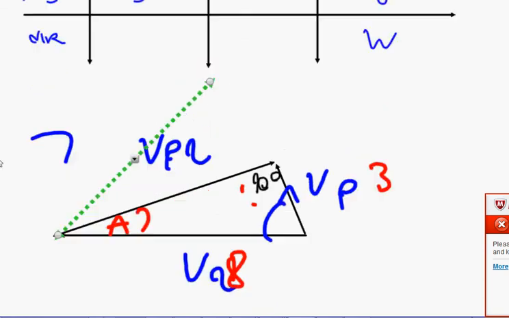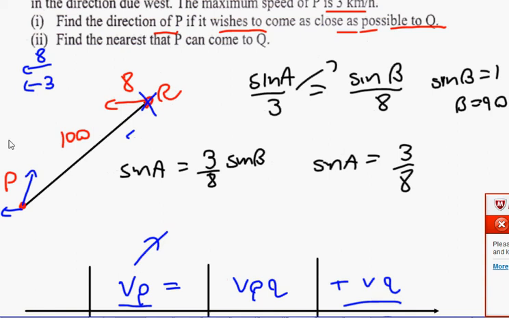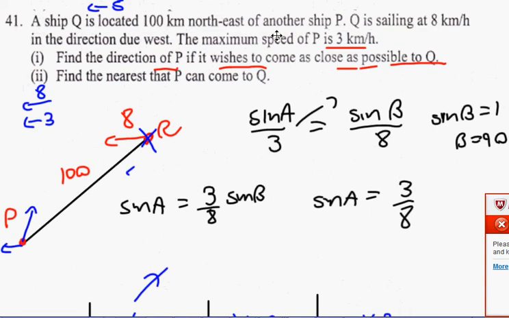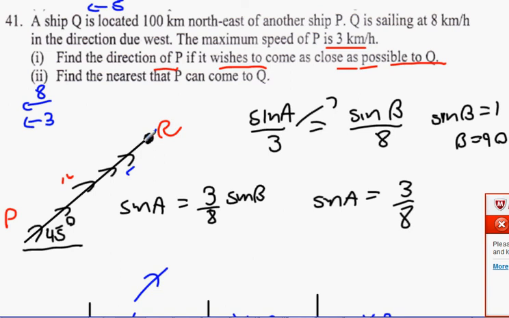The bigger angle A is, the closer it's going to get to its position up to Q. Because remember, Q is located at 45 degrees, northeast, upwards. And we would ideally like P to be able to travel all the way up and collide with Q. But that doesn't happen, does it?